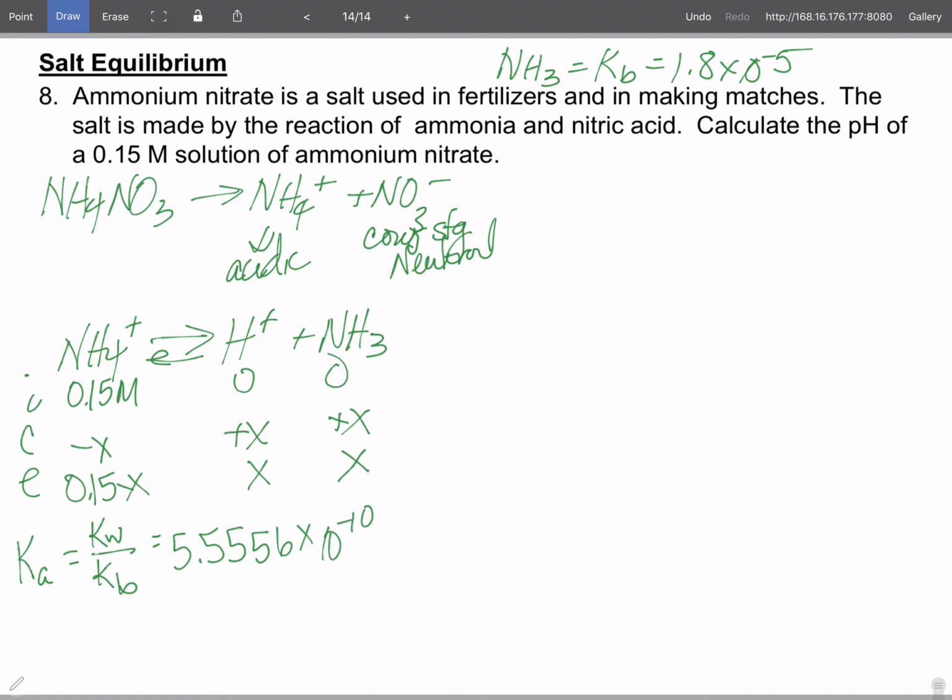So when we set up the problem, we're going to get x squared divided by 0.15 minus x is equal to 5.5556 times 10 to the minus 10th.